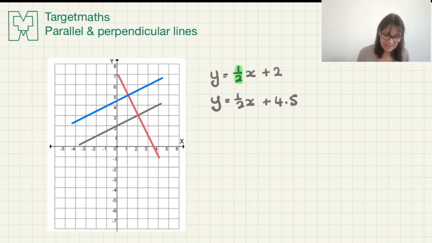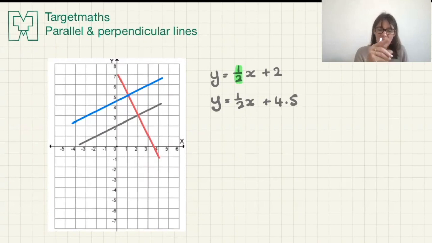If we look at the red line, the red line is cutting through both the blue and the black. It's cutting through at right angles, which is what perpendicular lines do. They cross or they meet at right angles. So those there are absolutely 100% right angles.